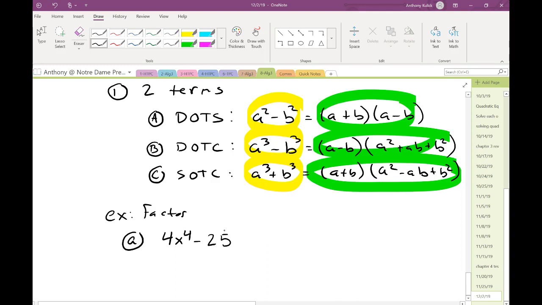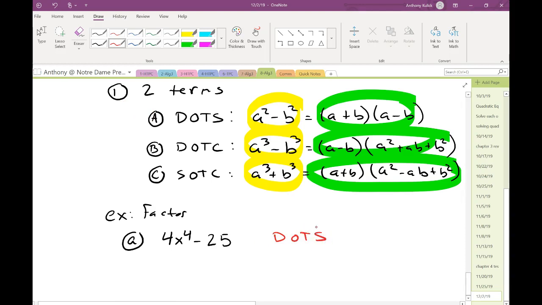So let's say we have 4x to the fourth minus 25. Which one of these three factoring patterns seems to fit here? It should be a difference of two squares.